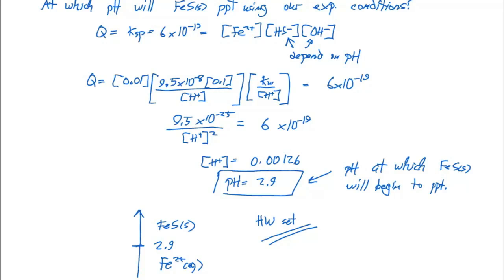Essentially what we do is figure out approximately what our metal ion concentration is in our test tube. In the particular lab that you're performing, that metal ion concentration is roughly 0.01 molar. We also have a saturated solution of H2S, which gives us a concentration of 0.1 molar. The variable that we can control is the pH. By manipulating the pH, we can manipulate two concentrations in the Q expression.